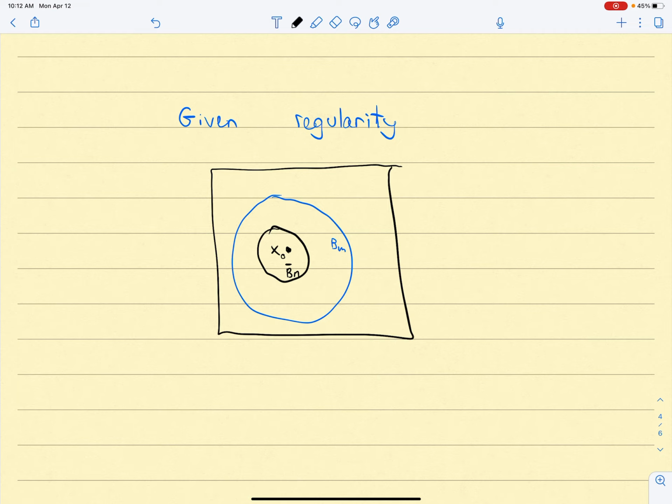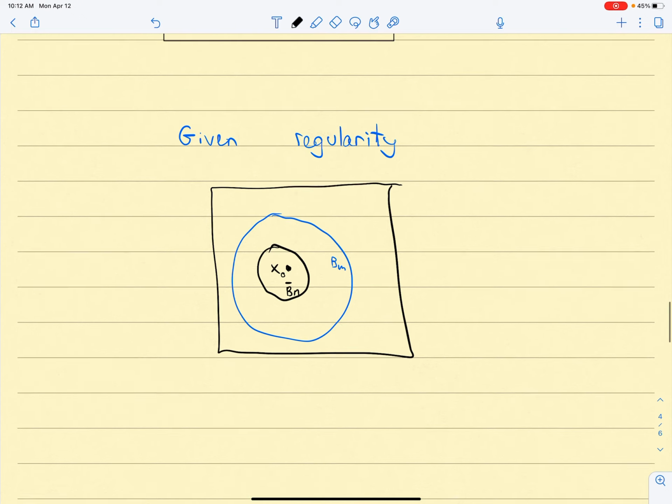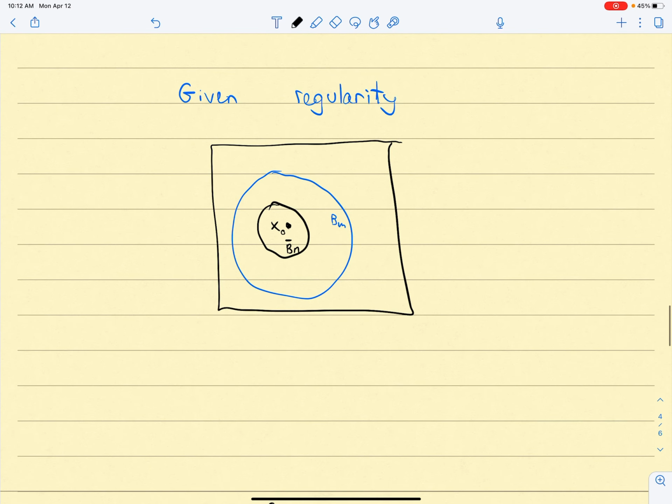So given regularity, we can get another basis element, B sub n, and the closure of that is going to be a subset of the basis element Bm. This is also going to be important, as we will see, and this result is given the fact that the space is regular.